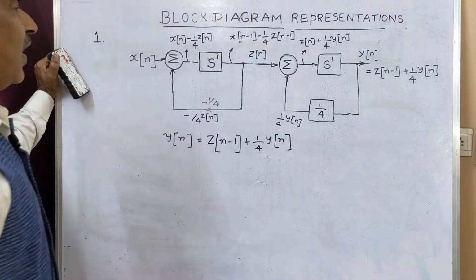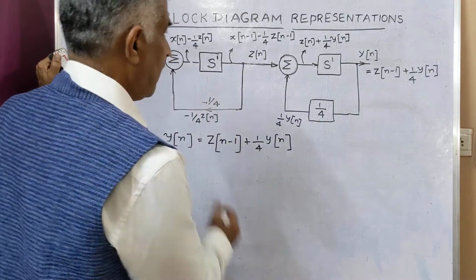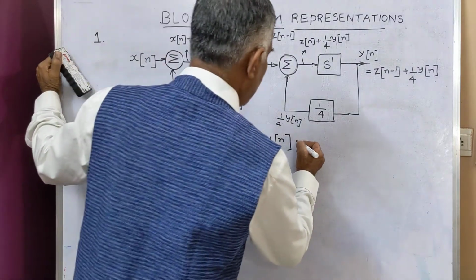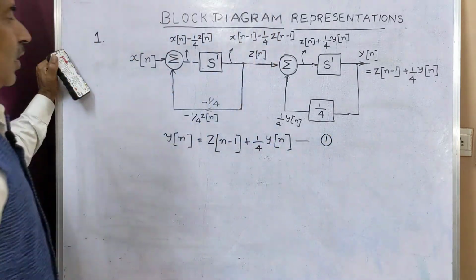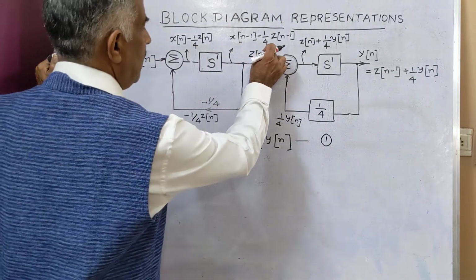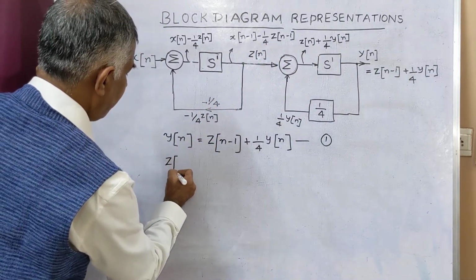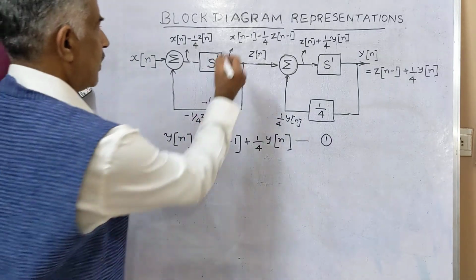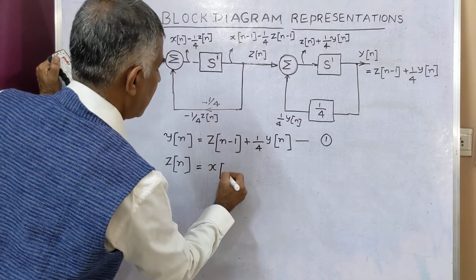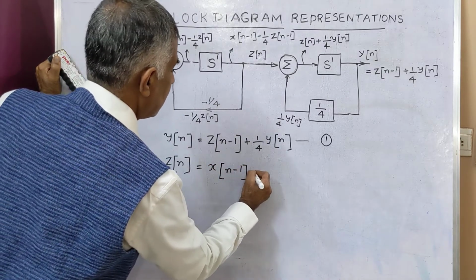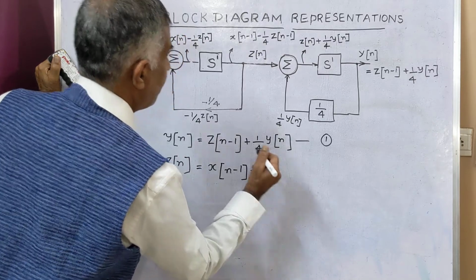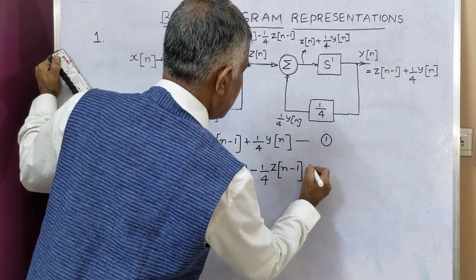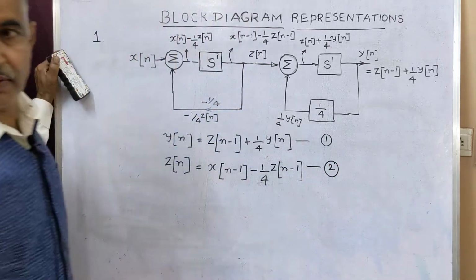This is equation number 1. Equation number 2: what is z of n? z of n is equal to x of n minus 1 minus 1 by 4 z of n minus 1. This is equation number 2.